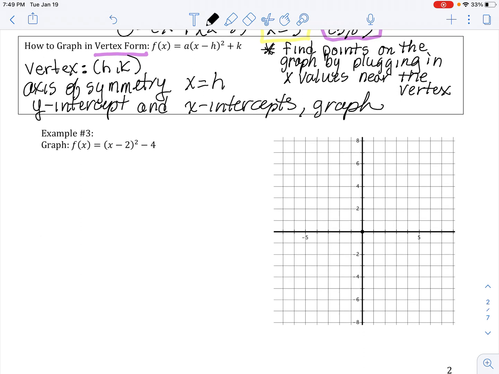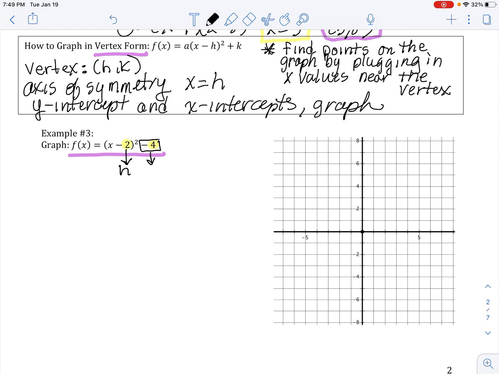Okay, so here we have our quadratic in vertex form. So vertex form. This is your h. This is your k. It is written x minus 2. So that means we just pull that out as your h value. This is minus 4.